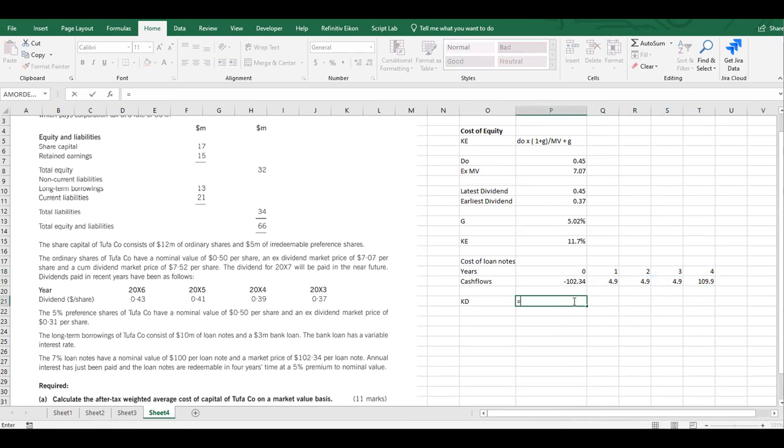So KD will be equal to IRR. Select all cash flows. 5.39%. Tax is 30%. It is given in the question. It is written at the top.